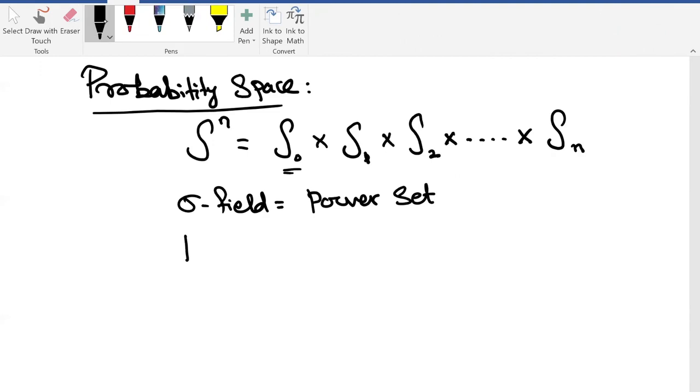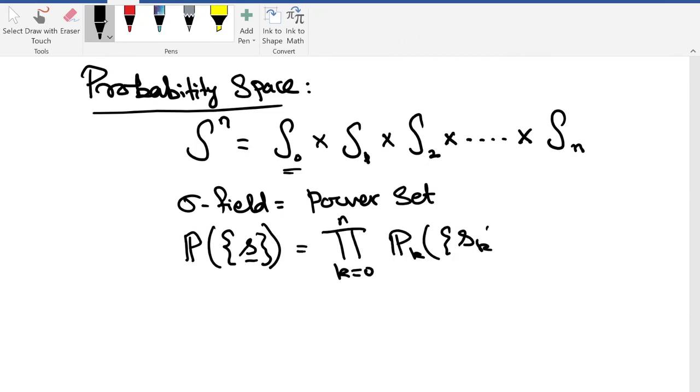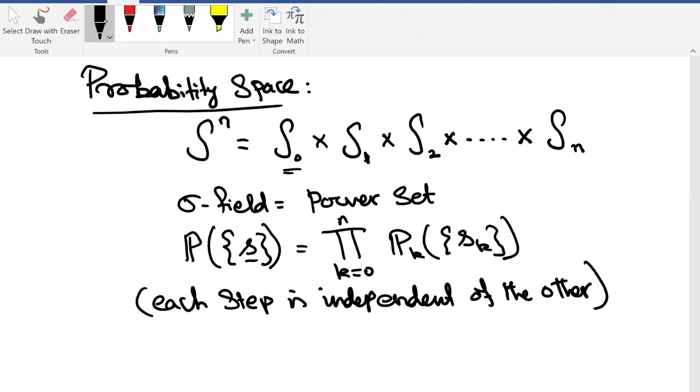And finally, the discrete probability is defined at every single tuple as the product of the probability of each step. Again, the assumption is that each step is independent of the other. It is like you are tossing a coin n times or tossing n different coins. Each tossing is independent of the other.